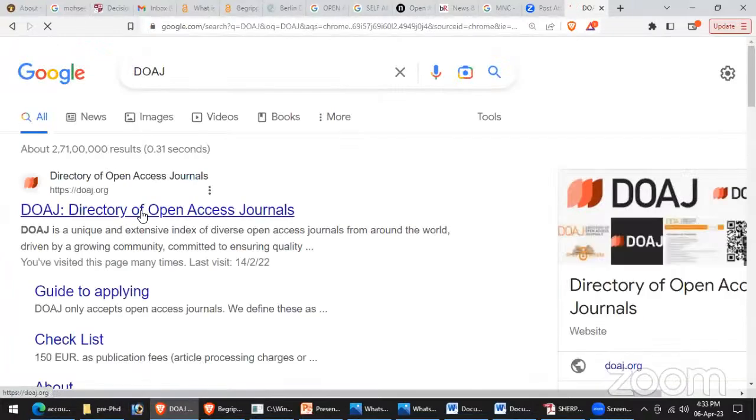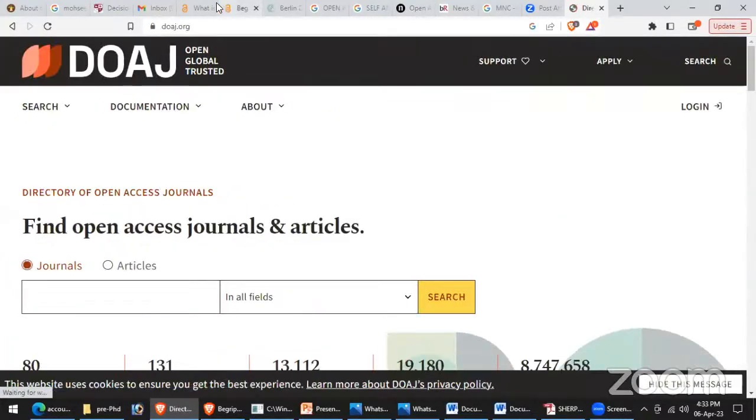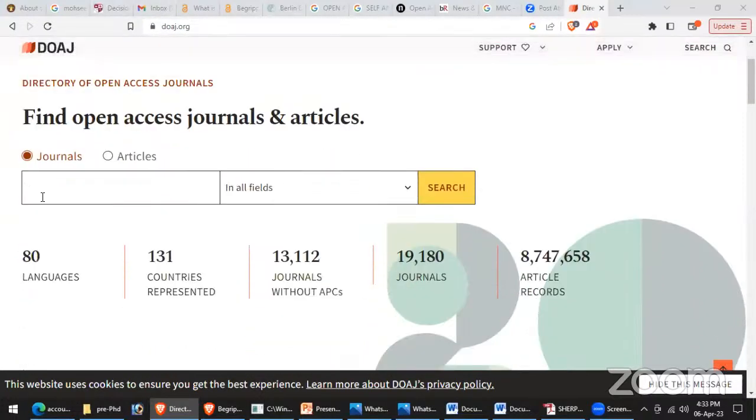See here. Here their complete open access journals will be available. If you want to go through the journal wise, you can go with the journals without APC. Here you have the journals. See here.